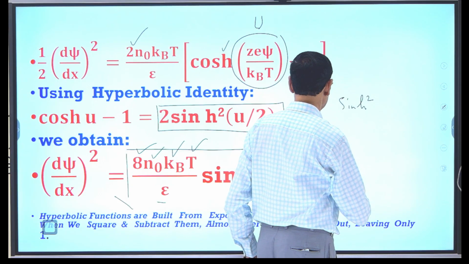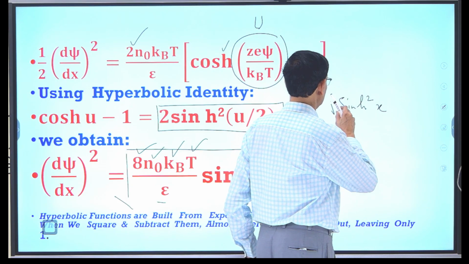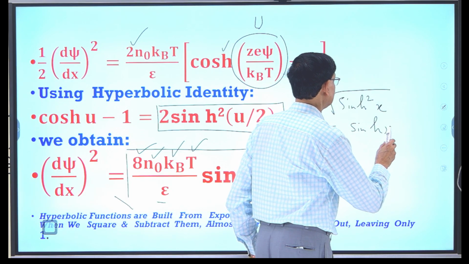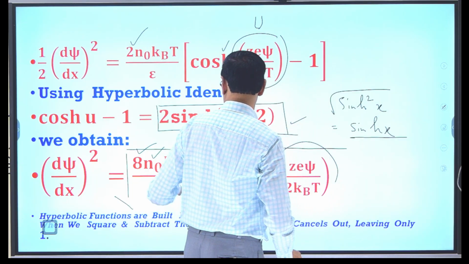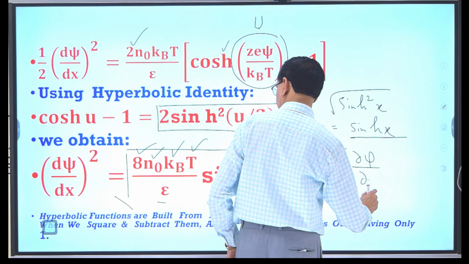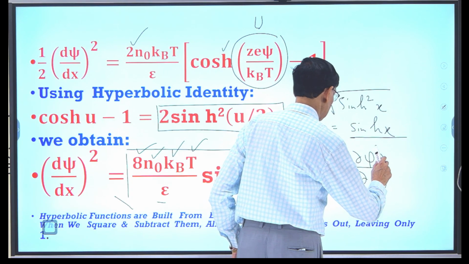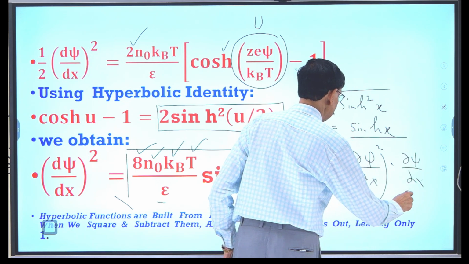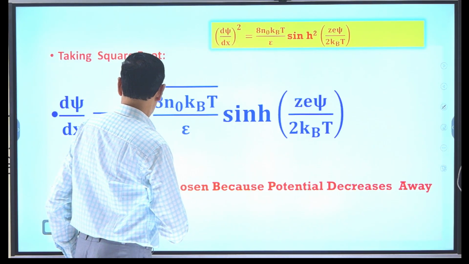This value is suppose x. So we'll get sinh 8x under root. And here del x square under root square. So we'll get the final result. Yes.